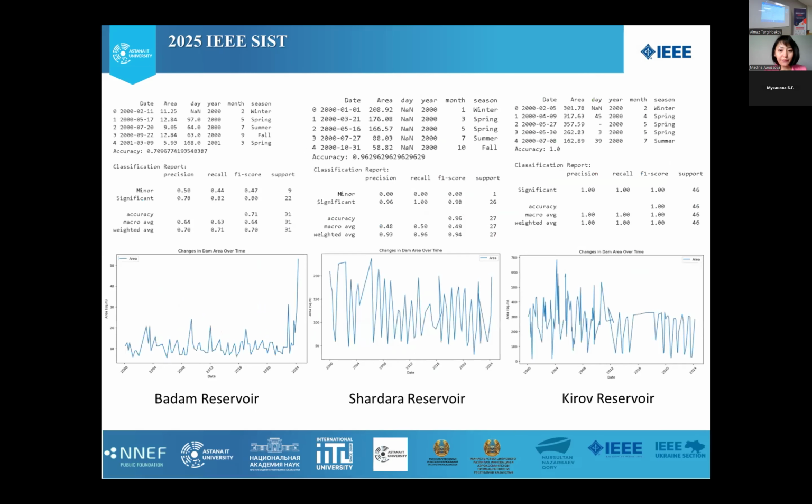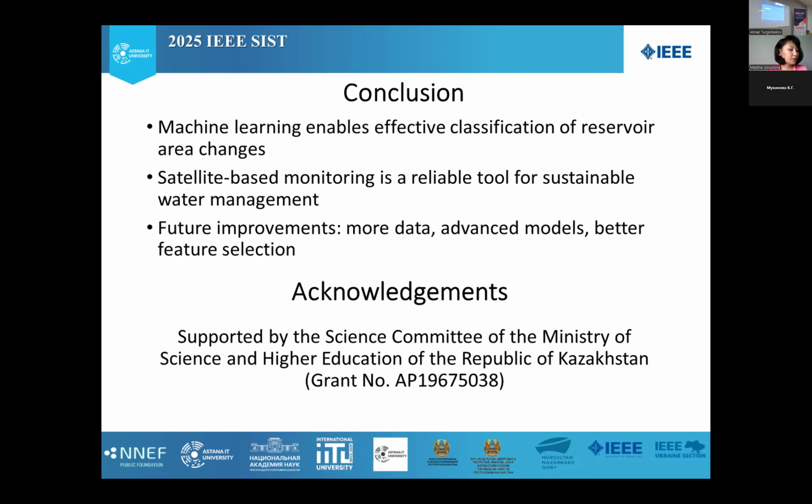Conclusion. The calculation in this study and analysis of reservoir area change was conducted using satellite data, totaling 501 images. Classification of area change using machine learning algorithms such as random forest allowed us to identify two types of changes, significant and insignificant, over the past 22 years.